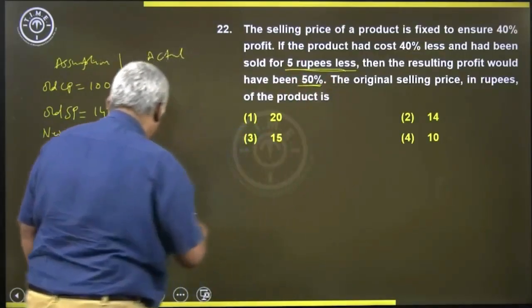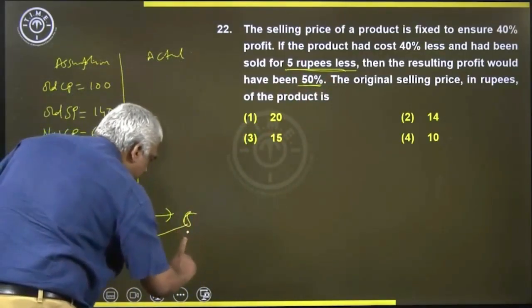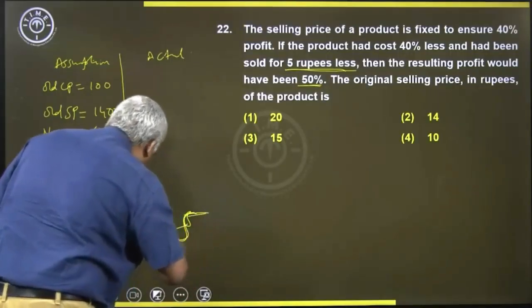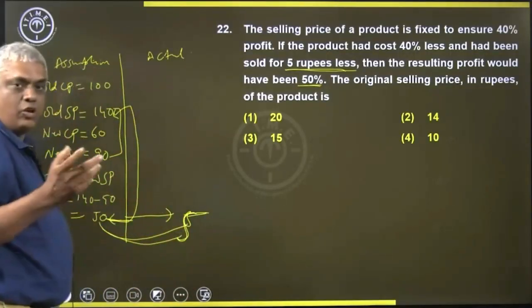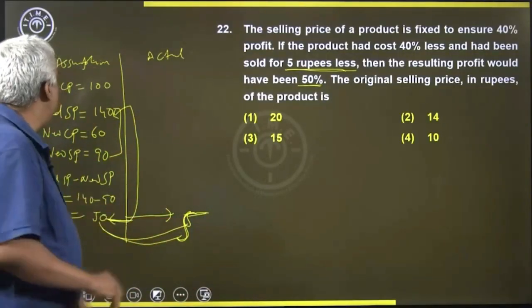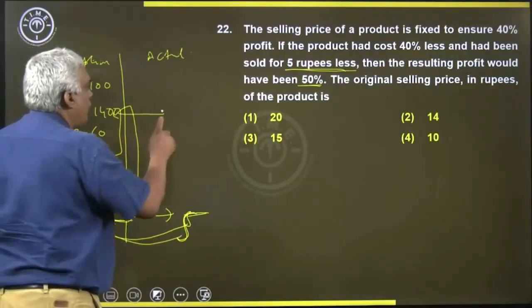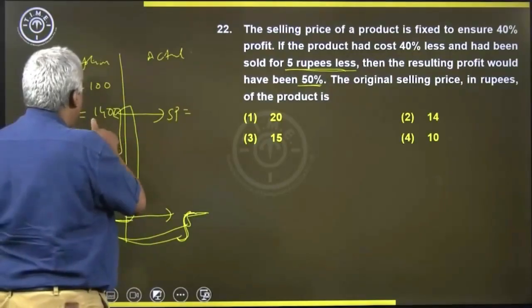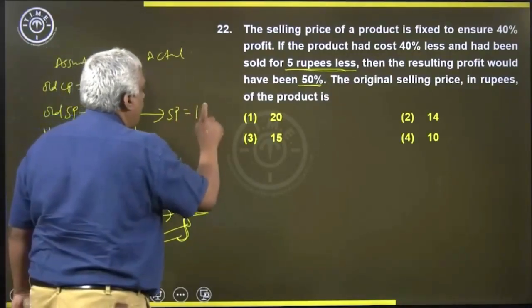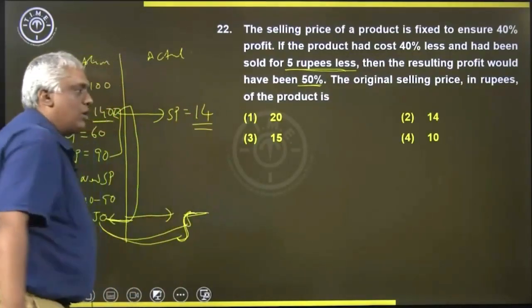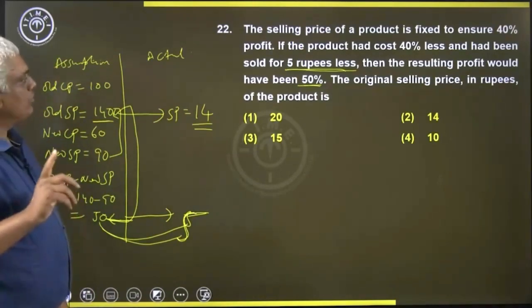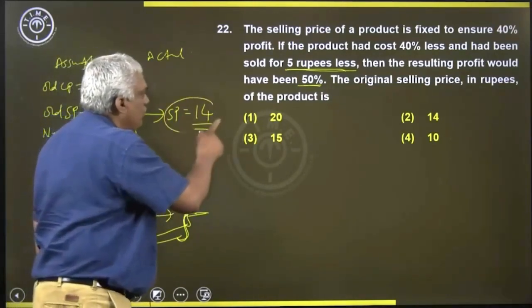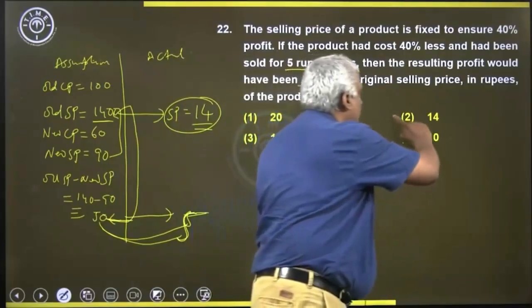So this 50 has become 5, which is 1/10, it will be proportional, so the selling price will also be 1/10. The actual selling price will be 1/10 of 140, which is 14 rupees. So the original selling price was 14 rupees. That is the answer, option 2.